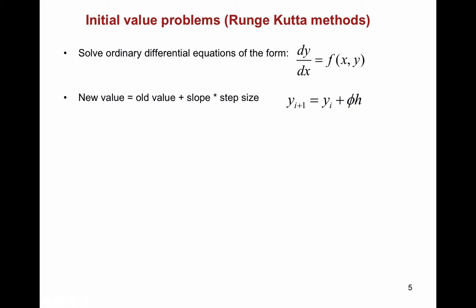Iteration we already know; those are our favorite examples of for loops. I'm starting from a value. This is an initial value problem, so one of the boundary conditions is given as a starting point. For some x, I have a starting value y. From there on, I want to iterate step by step.